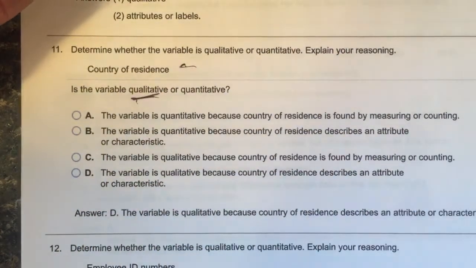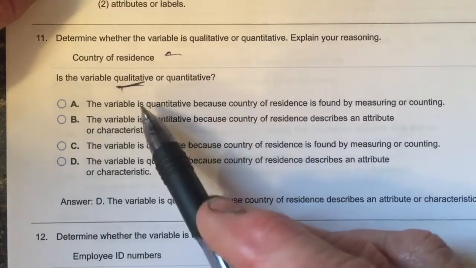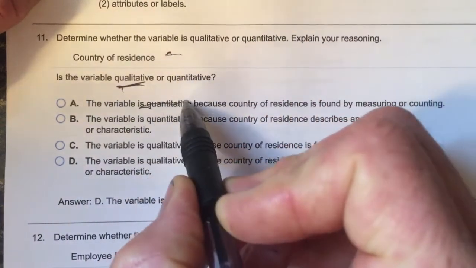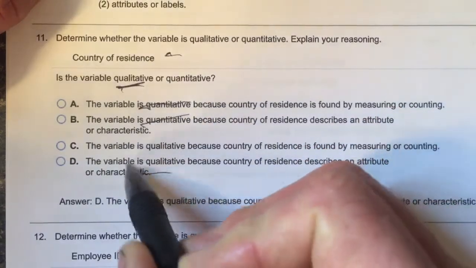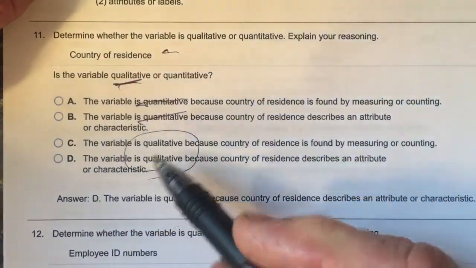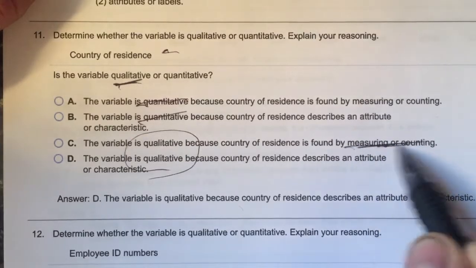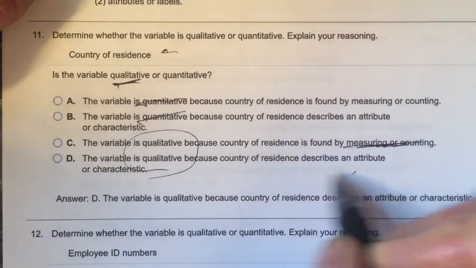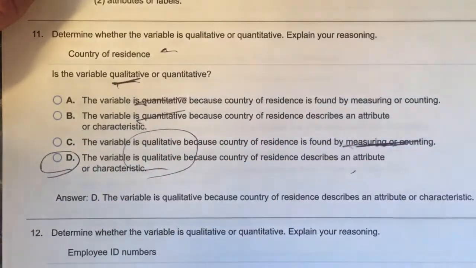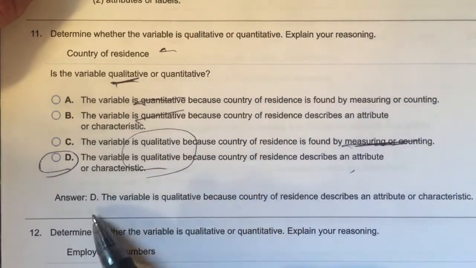It's got to be qualitative because there's no number concerned in that. All right, so the variable is quantitative. No, it's not this one. Not this one. All right, it's got to be one of these two here. Because the country is found by measuring or counting. No, we're not measuring or counting for. It's an attribute or characteristic. The answer is D. Okay, and you can see right there, the answer is D.